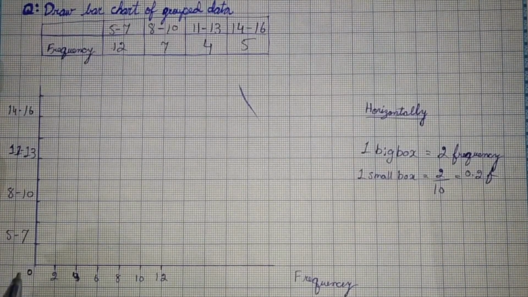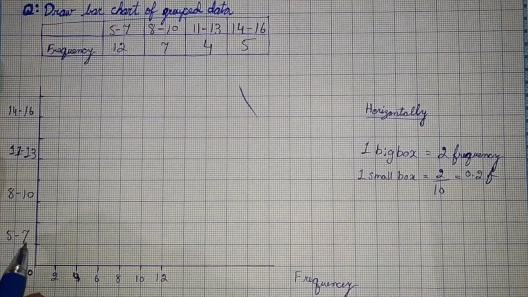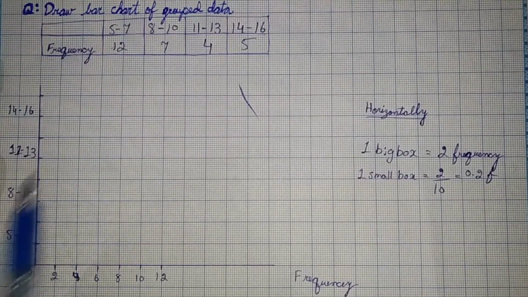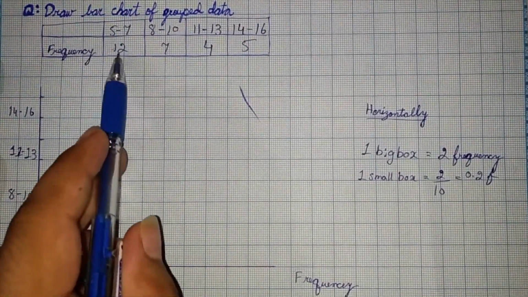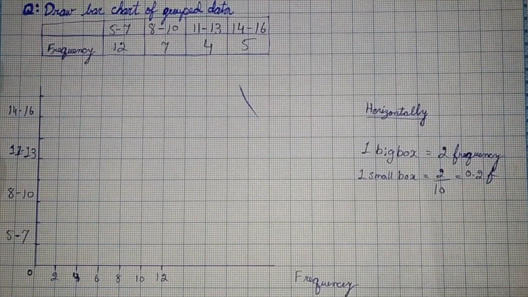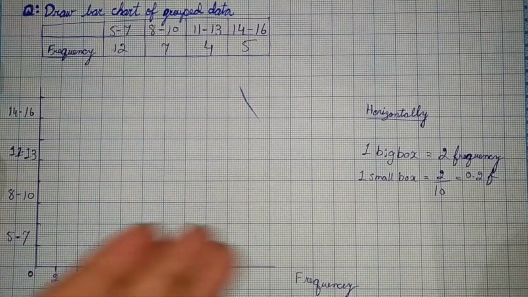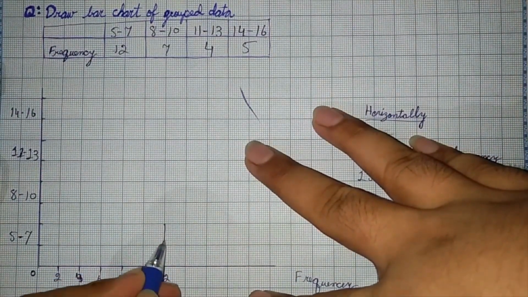Okay, so here you can see we will draw a bar for this data, 5 to 7. Here we have a frequency of 12. You can see, now on this side we have our height.